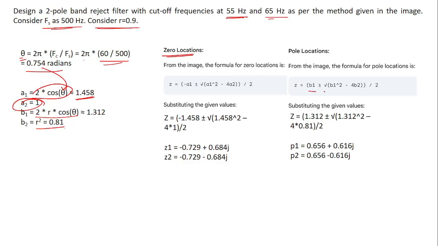Pole locations: b1 plus or minus under root of b1 whole square minus 4 b2, divided by 2. Okay, so if you substitute the values, you get the pole and the zero locations. That's it.